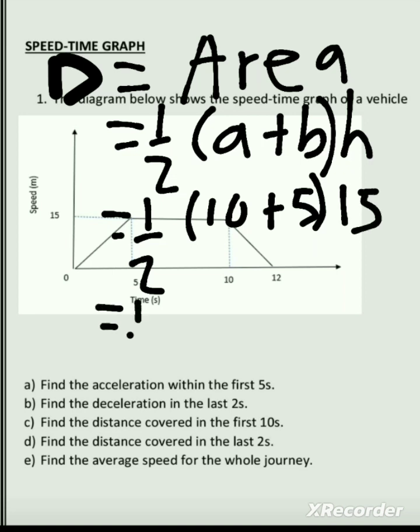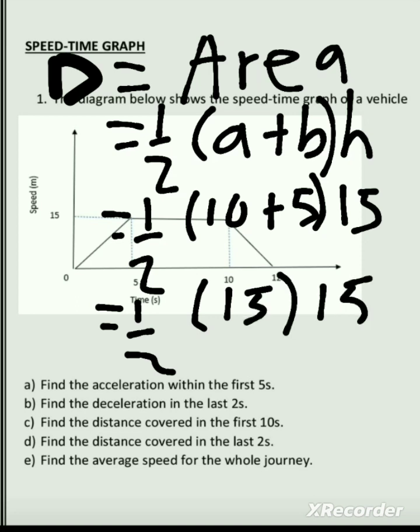So it's going to be half times 10 plus 5, which is 15, times 15. So what is 15 times 15?